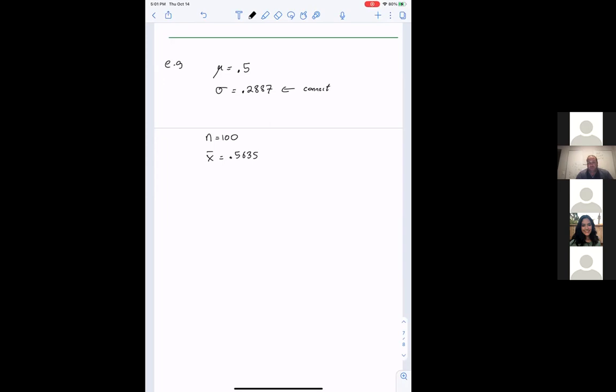So if we are desiring to test whether or not this random number generator is working properly, then what would the null hypothesis be? And what would the alternative hypothesis be?